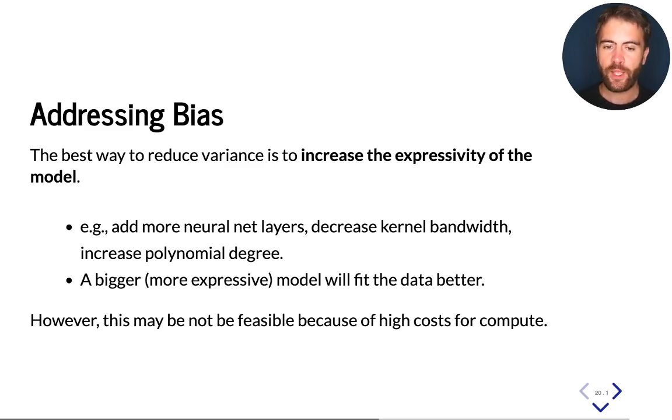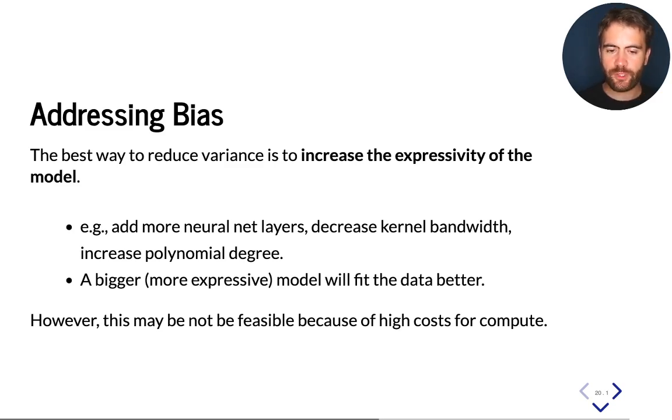This can involve adding more layers to our neural network, or decreasing the bandwidth of an RBF kernel, or increasing the degree of the polynomial that we're working with. And in general, a bigger and more expressive model will fit the data better. This is a change that will reduce the bias, and if we're in a bias problem, then it will not have that much of an effect on variance.